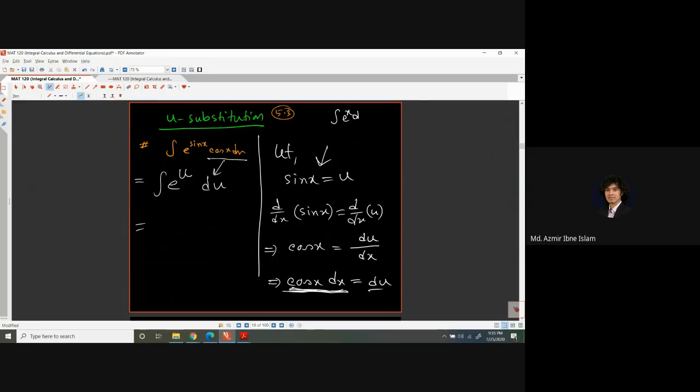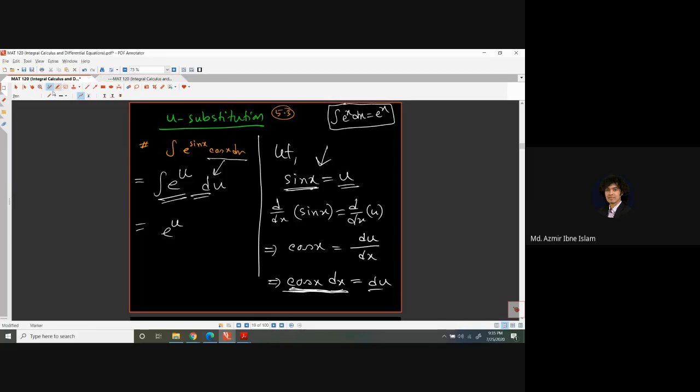Now we can think about the formulas. Integration of e to the power x dx is equal to e to the power x. We know this basic formula, and it is going with this one. Integration of e to the power u du is nothing but e to the power u. We have found the antiderivative. So now we understand that whatever function we have considered here as u is correct, that is the suitable function.